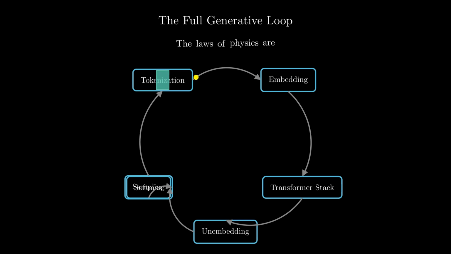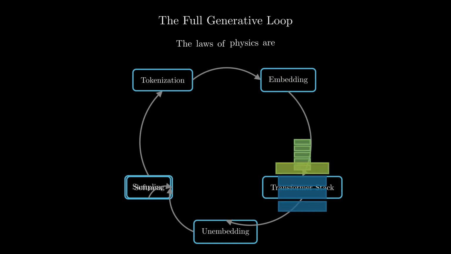Next, in the embedding stage, this token ID is used to look up a dense vector of numbers. This embedding vector, which we've discussed at length, captures the rich semantic meaning of the token. It's no longer just an ID, it's a point in a high-dimensional meaning space. This vector, along with the vectors for the other words in the context, now enters the heart of the model.